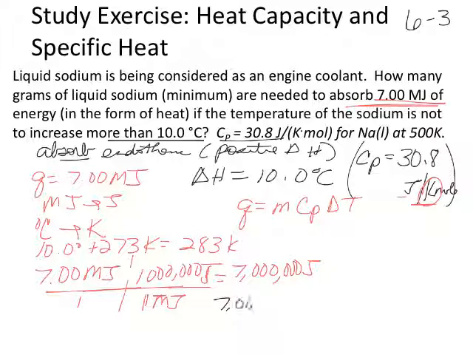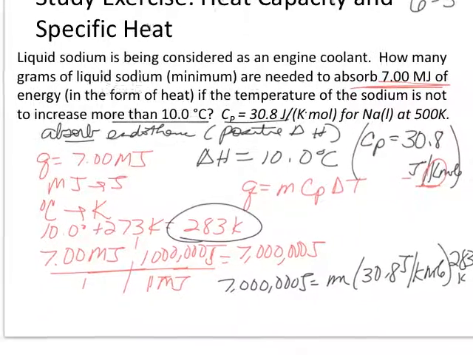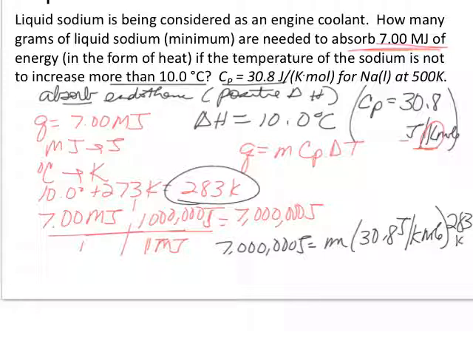So 7 million joules equals mass, which is what we're going to solve for, times 30.8 joules per Kelvin mole, and we're given our temperature that we converted to 283 Kelvin. We put this in our calculator. We multiply these two terms. The Kelvins cancel out.